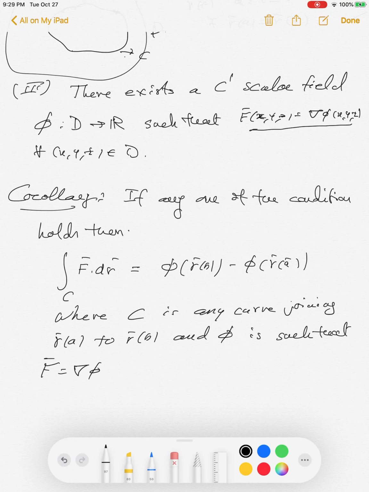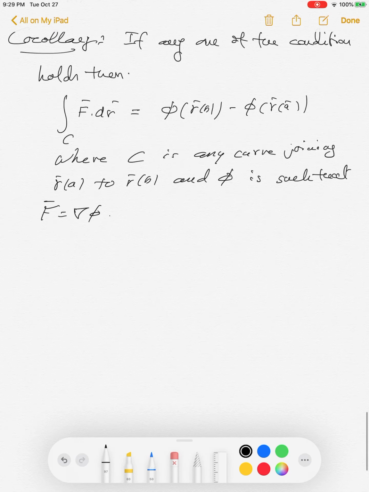So phi is such that the gradient of phi is f. Physics people like to call this phi a potential. Let me give you a quick proof of this.